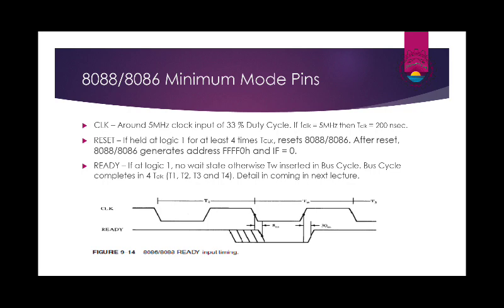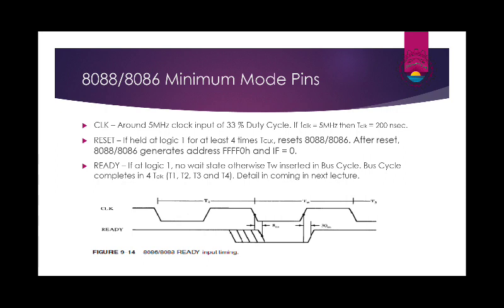During wait states, the ready signal is checked in between of the clock. If in between of the clock the ready pin is 0, then the next pulse will also be a wait state. Otherwise, the wait state will end and you will have T3.